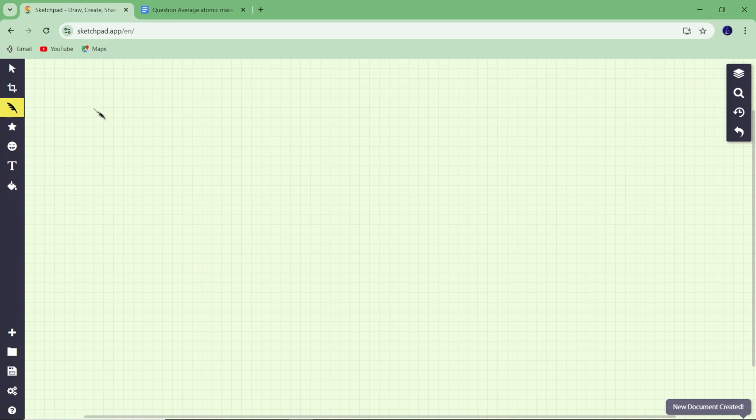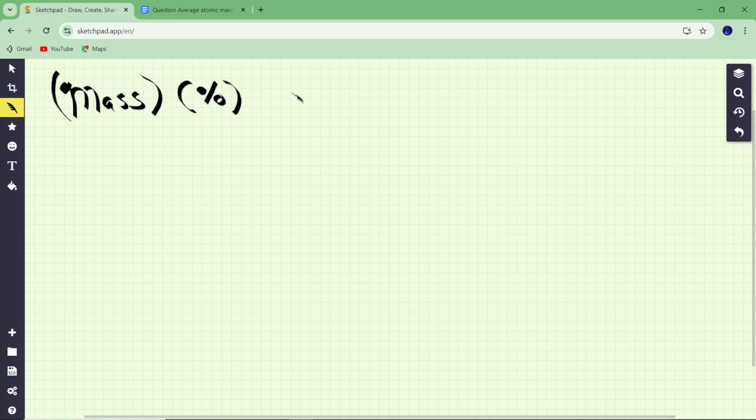And we know right away that our formula is always going to be mass of one isotope times percent plus the mass of the second isotope times its percent. Okay, and we already know the two masses.